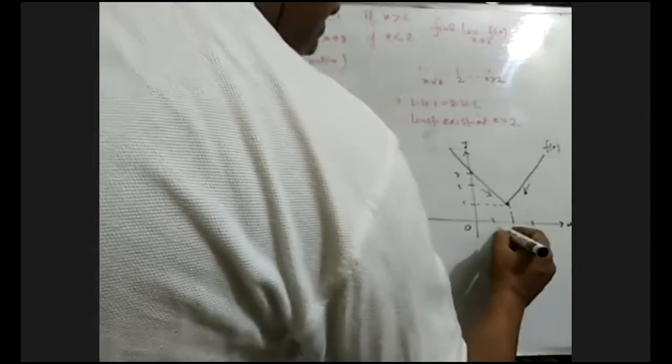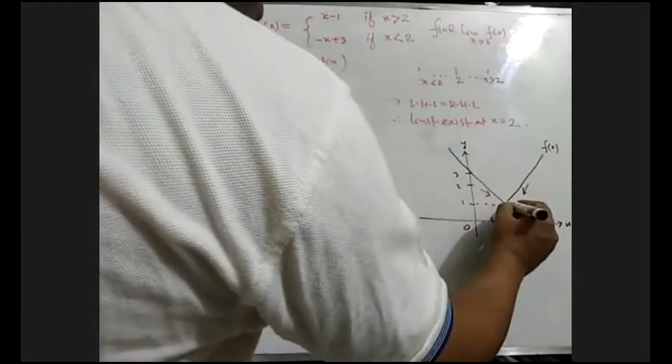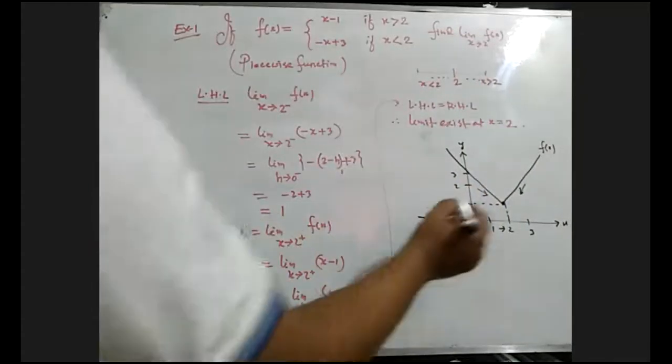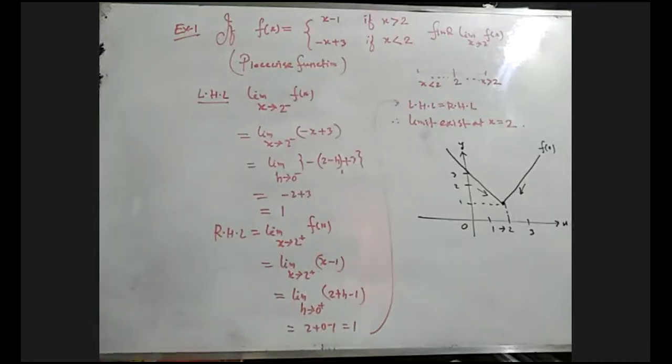So x tends to 2, then we get a limit here. The limit equals 1. This is the graph for this function.